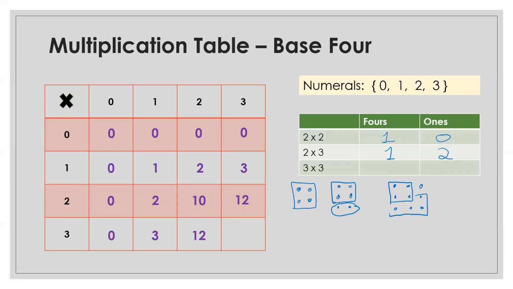Here's another full group of 4. That will make 2 groups of 4 and 1 single. So 3 times 3 is 2, 1 in base 4. All right, you want to take a snapshot of that before we move on so we can reference that.